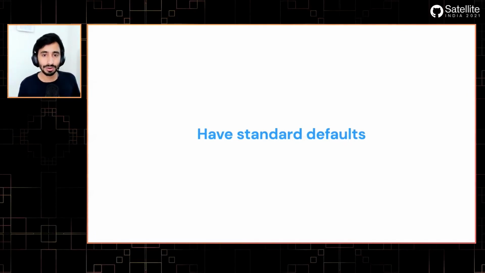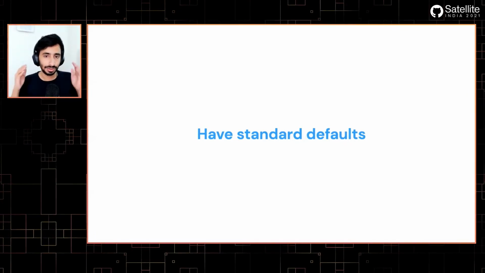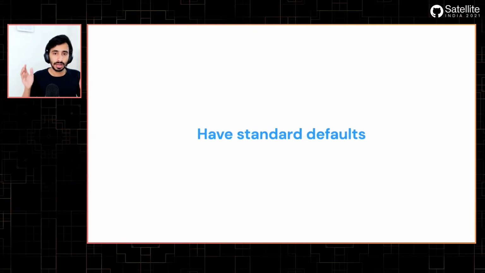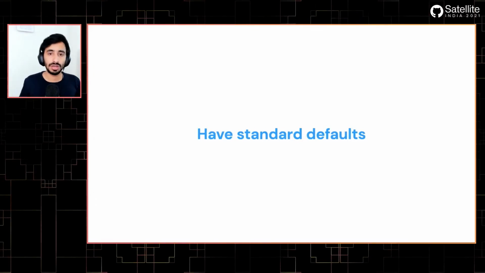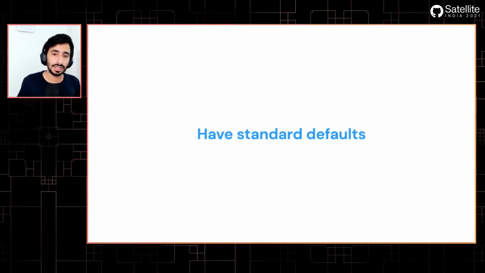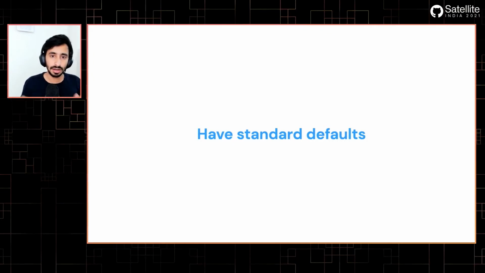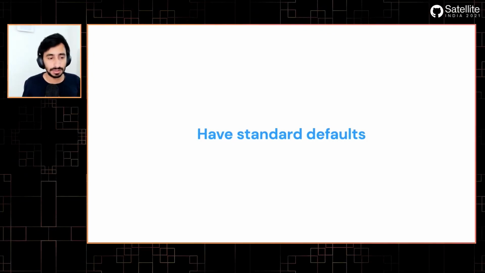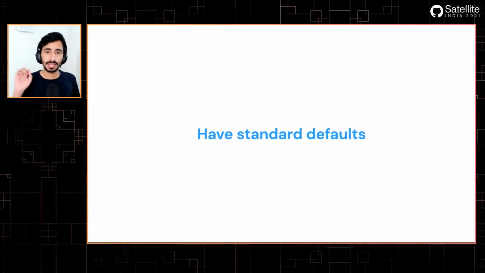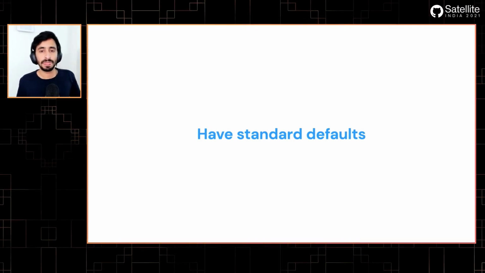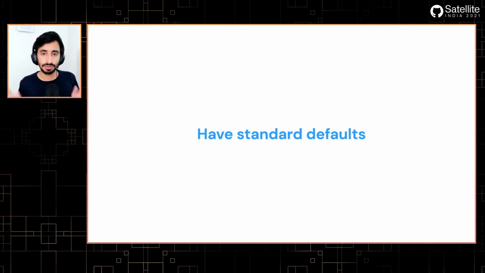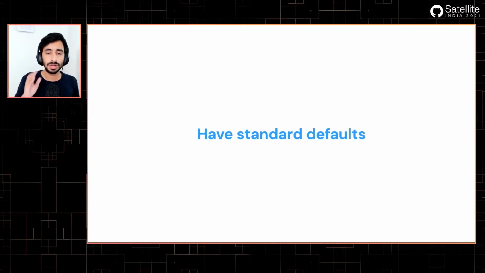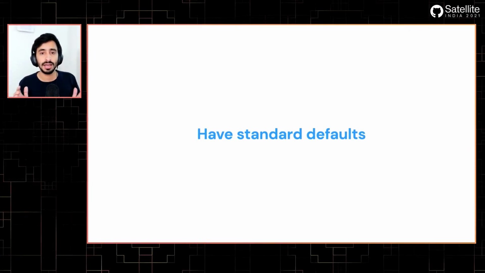There will be a lot of combinations which you have to provide. So most of the time, don't add the feature right away. Think about whether you can ask the person to build it themselves. If you think this is going to be useful for a larger set of users, you would still have to provide a standard default, right?